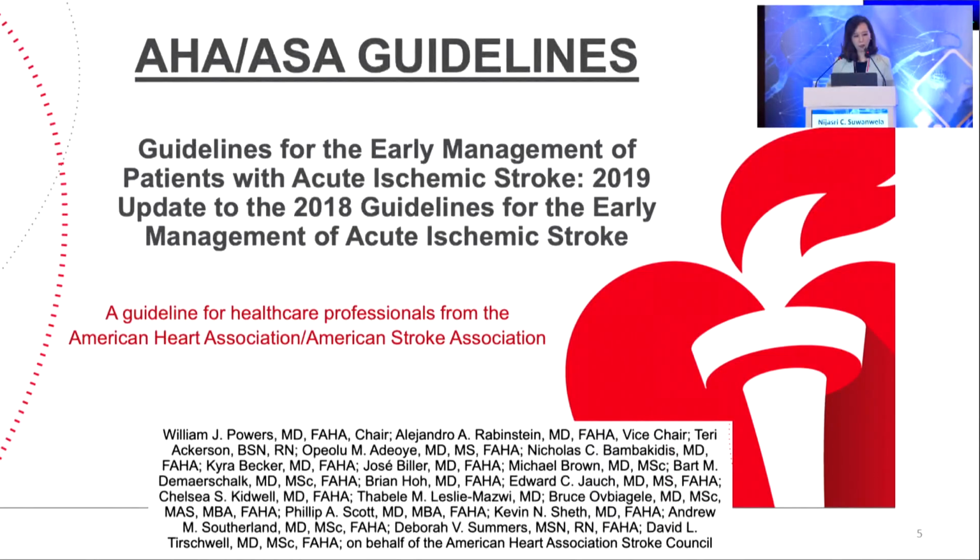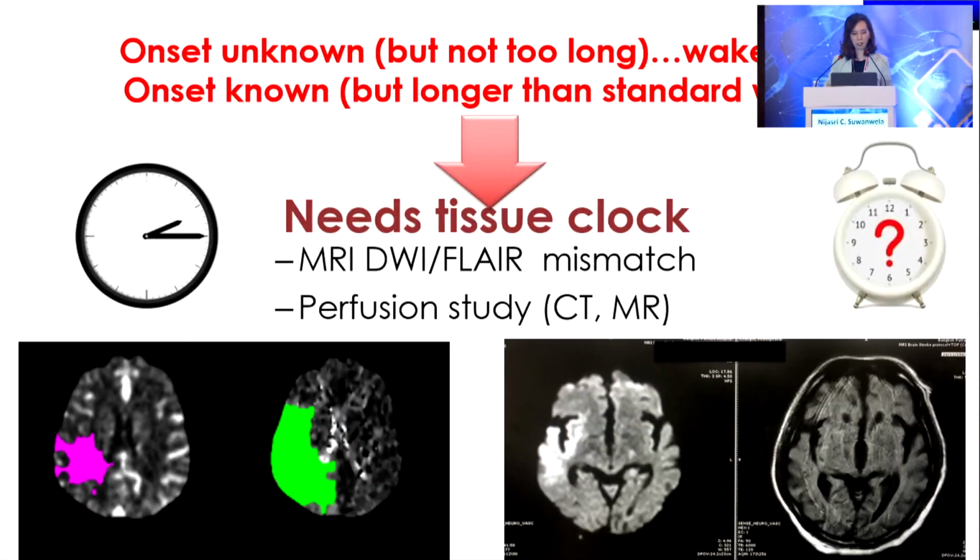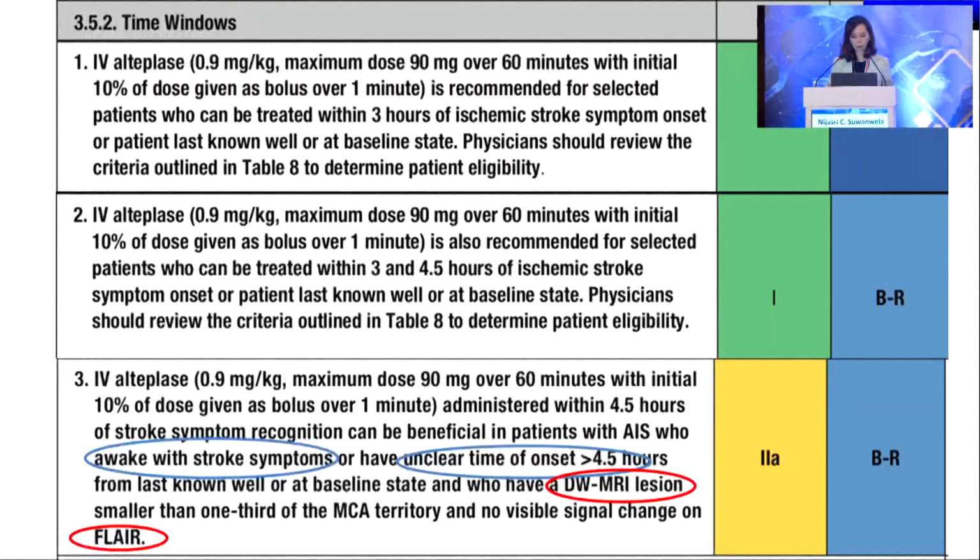So talking about thrombolysis, I just want to use this guideline as a template, that we know that 4.5 hours is the standard. And beyond that, or when we don't know the onset, unknown onset or wake-up stroke, we need tissue clock, right? Using either perfusion imaging or diffusion-FLAIR mismatch or clinical and imaging mismatch would be the key to find persons who will be responsive to the treatment.